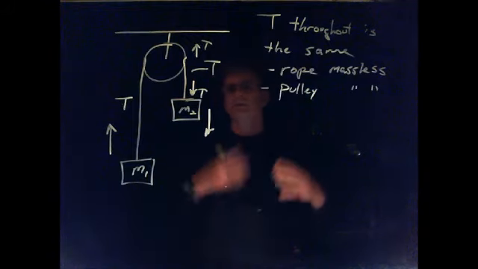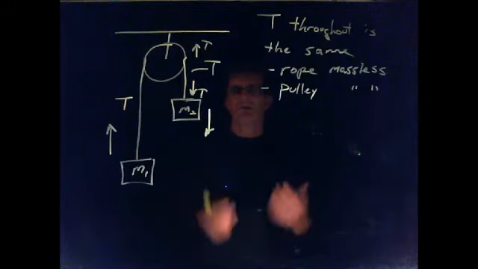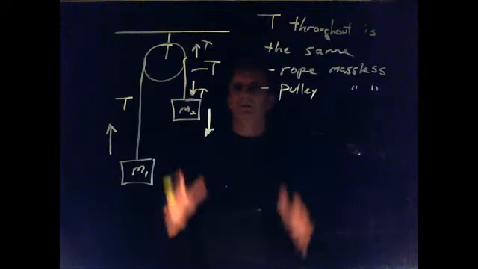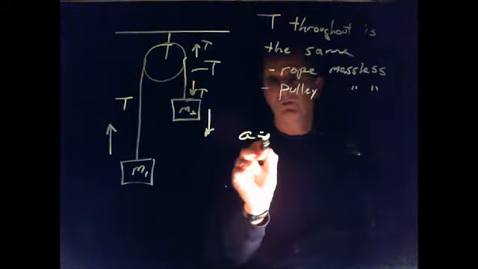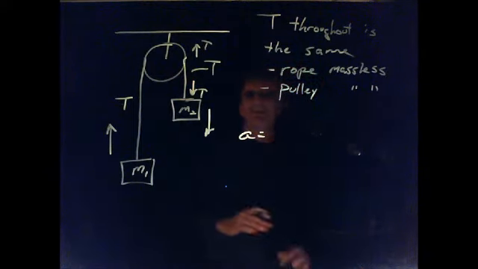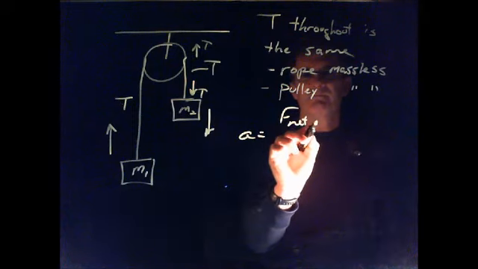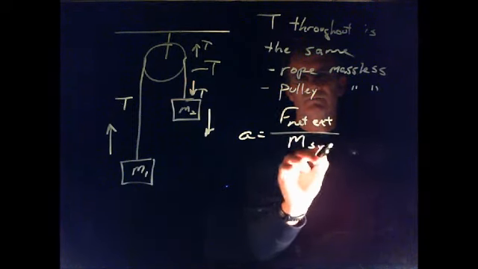Again, the acceleration of mass 1, the acceleration of mass 2, the acceleration of the center of mass, the acceleration of the system, all the same question. We want to know what's the acceleration. The acceleration is the net external force over the mass of the system.